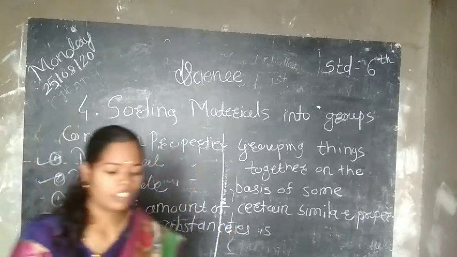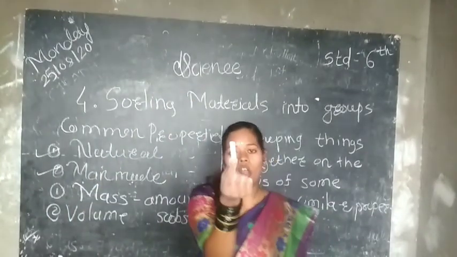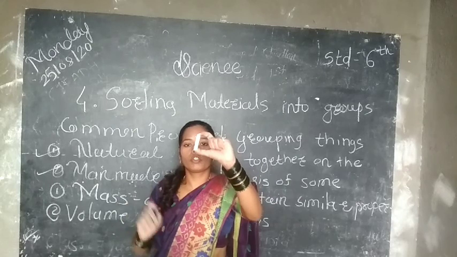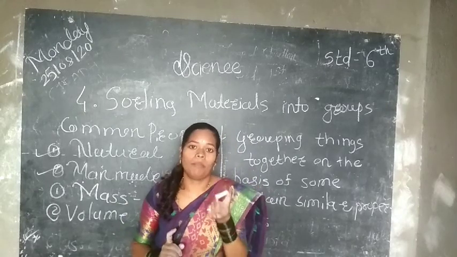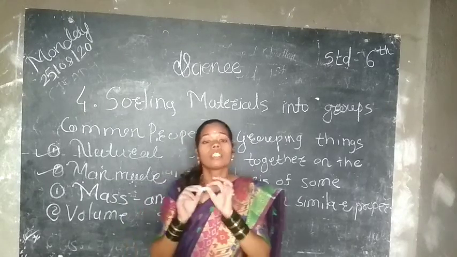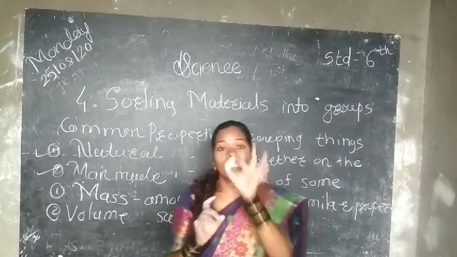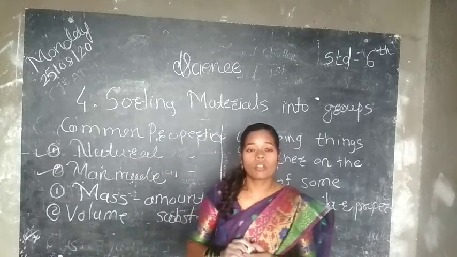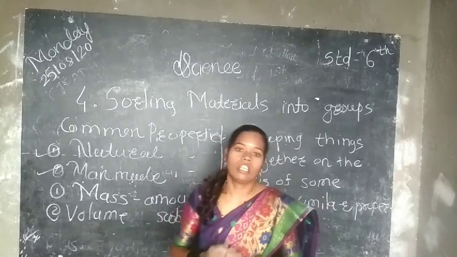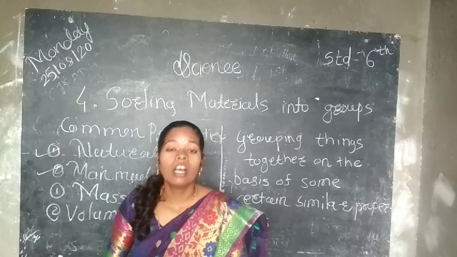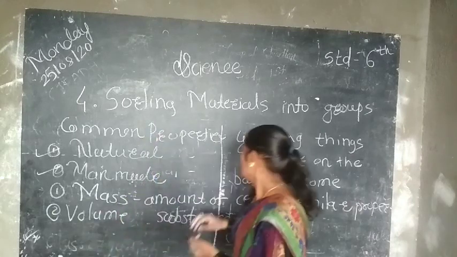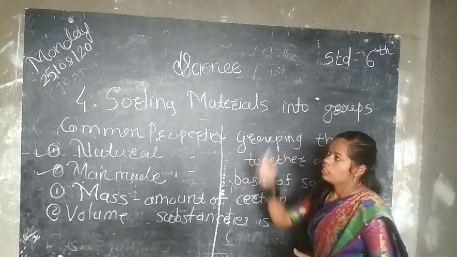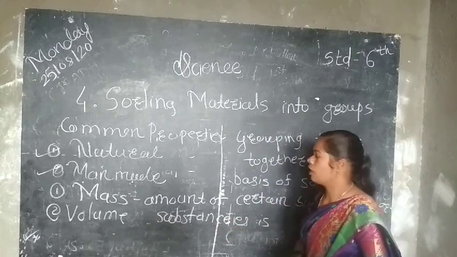Amount of substance. See, suppose this is one chalk, and the weight of this chalk is 23 grams. Suppose this much amount of chalk powder is present in this shape. That's why the mass of this is 23 grams. Is that clear? How much amount of something is present in it? Amount of substance. This chalk is made up of chalk powder.